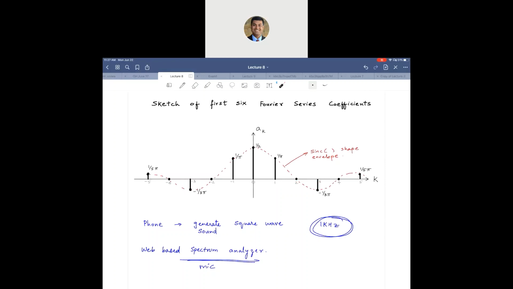In our example, when we said the frequency is 1 kilohertz, that was the fundamental, which means omega naught would have been 2 pi kiloradians per second. So the frequencies would be present at omega naught, 2 omega naught, 0, negative omega naught, and so on.